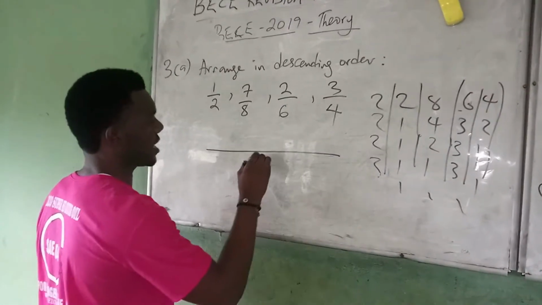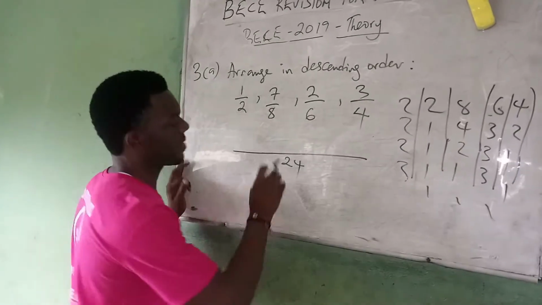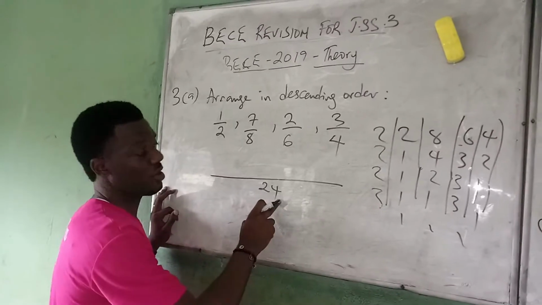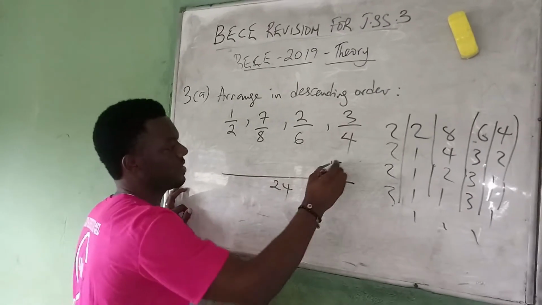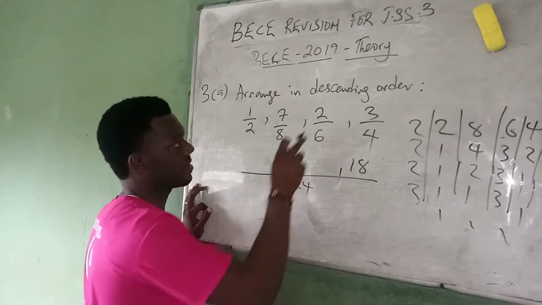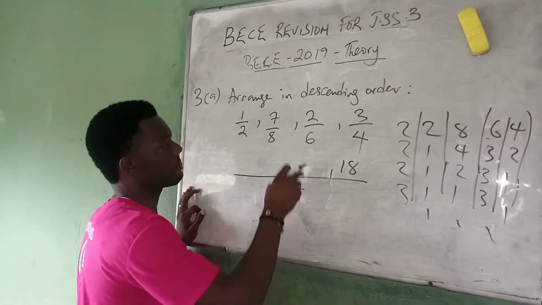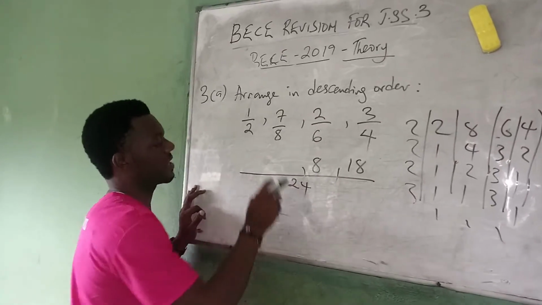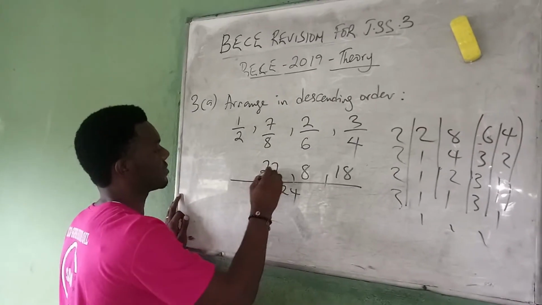So the LCM is 24. You use 24 to decide. So 24 divided by 4, we have 6. 6 times 3, 18. 24 divided by 6, we have 4. 4 times 2, we have 8. 24 divided by 8, we have 3. 3 times 7, 21.